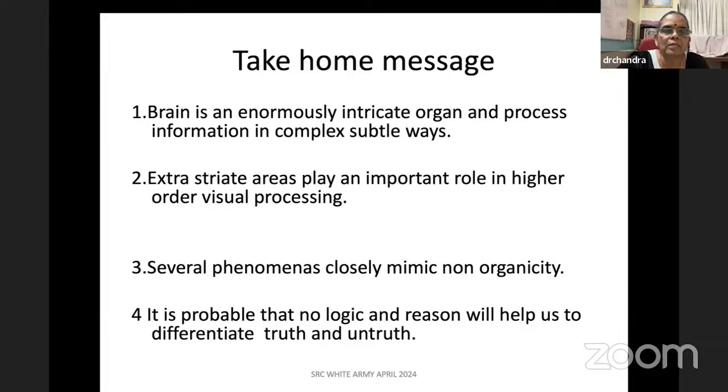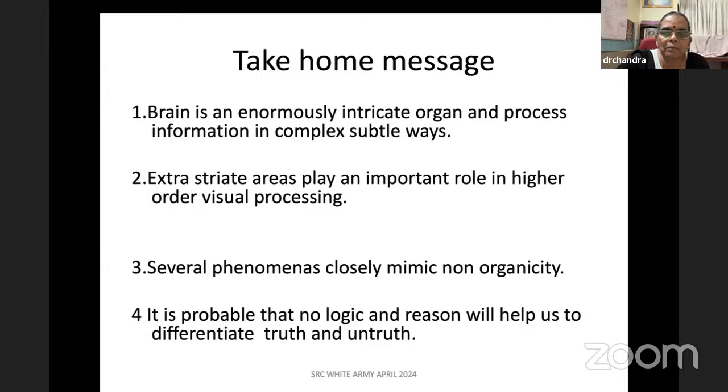So the take home message is the brain. I have told the lower visual pathway. I have told fundus examination. I have covered 3 sessions on eye movement. Now I have gone to higher order visual perception, a brief completion of visual processing. So the take home message is that the brain is an enormously intricate organ and processes information in complex and subtle ways.